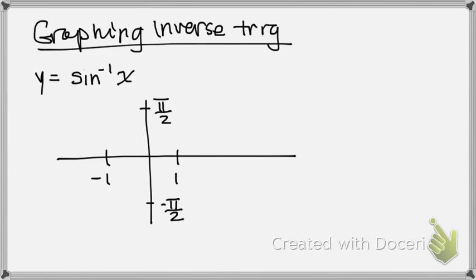And then the shape of this goes up like that and down like that. And that's the inverse of this shape, right? So if I looked at the graph of sine x, that's the inverse. It's a reflection through the line y equals x.